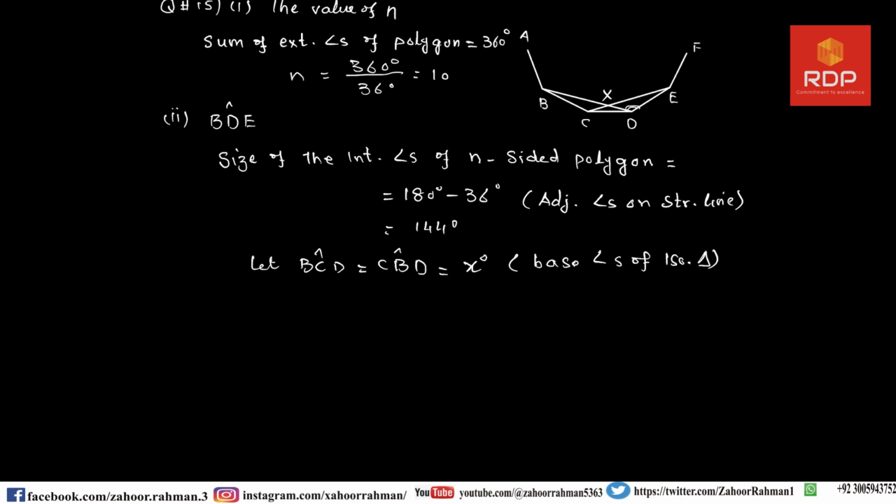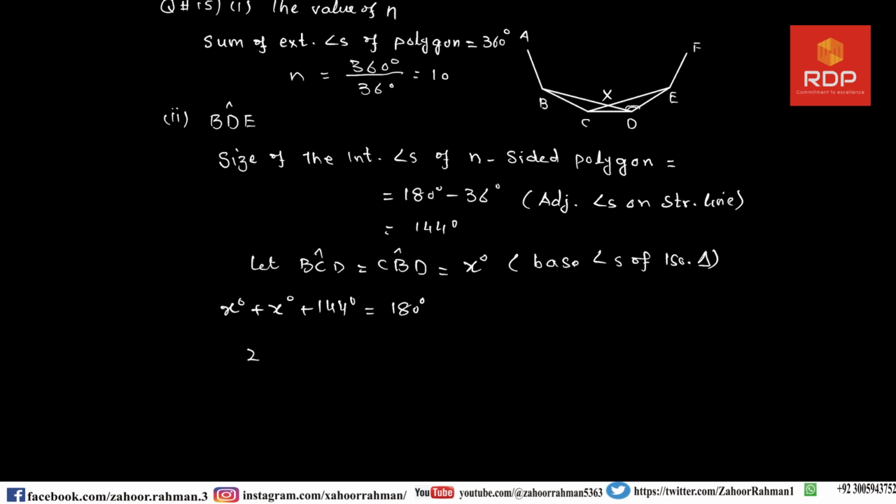Now we can write that x degree plus x degree plus 144 degree is equal to 180 degree, sum of the angles of a triangle.